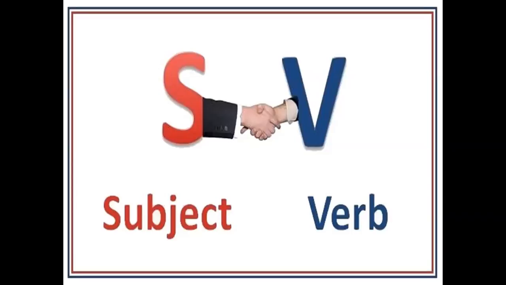Example, he jumps high. Underline he and circle jumps. Underline he and write S above that. Circle the verb and write V above or below that. Okay?